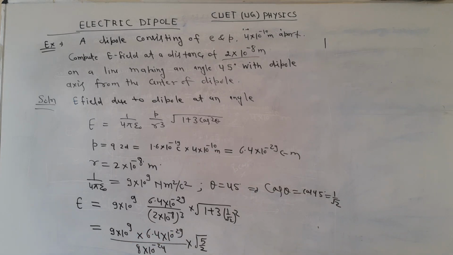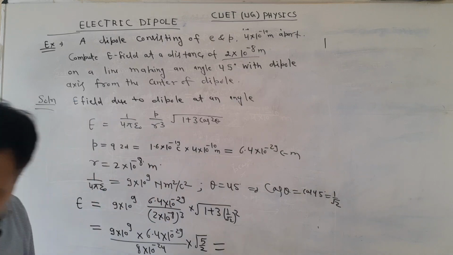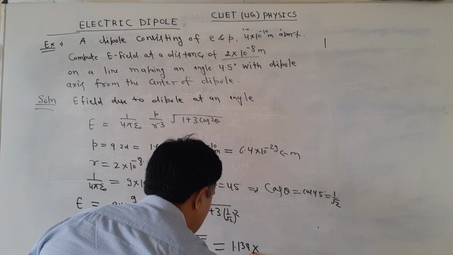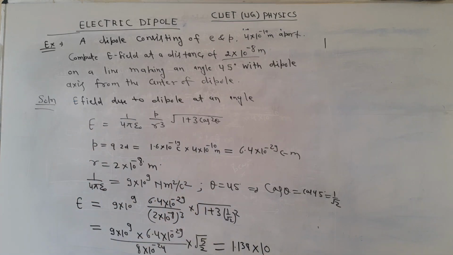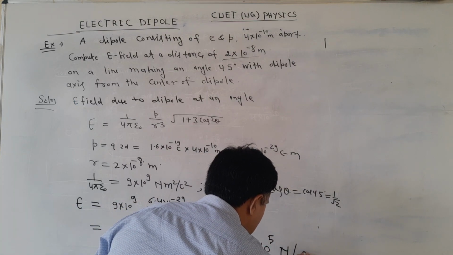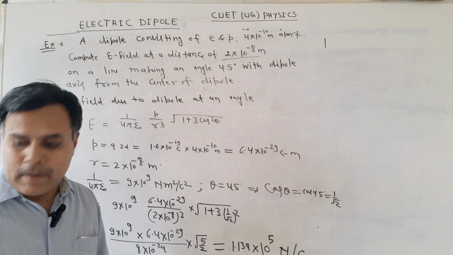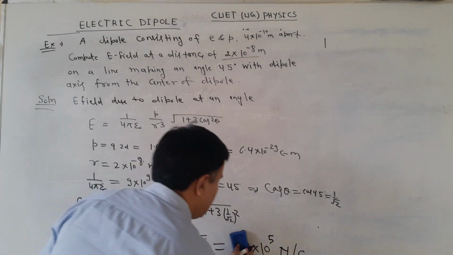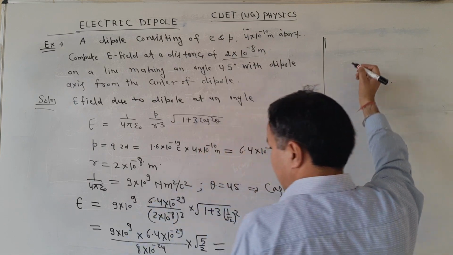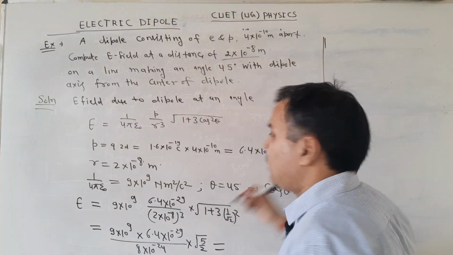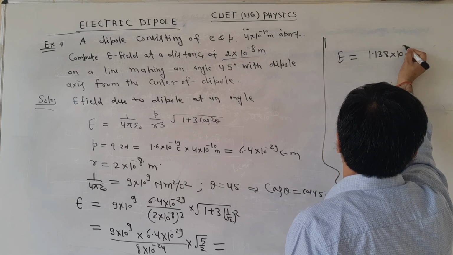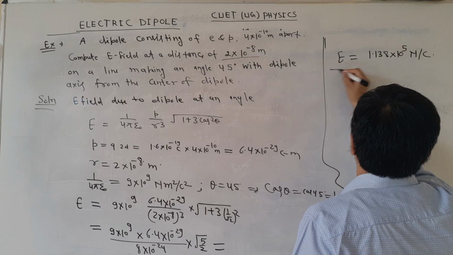So after simplification, we have the electric field, which is 1.138 into 10 to the power 5 Newton per coulomb. After calculating, the electric field is 1.138 into 10 to the power 5 Newton per coulomb.